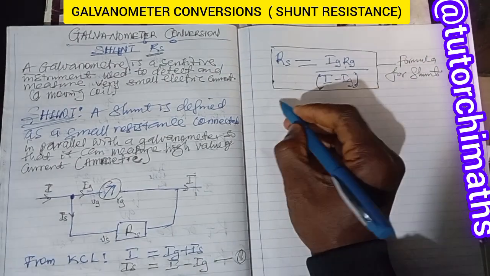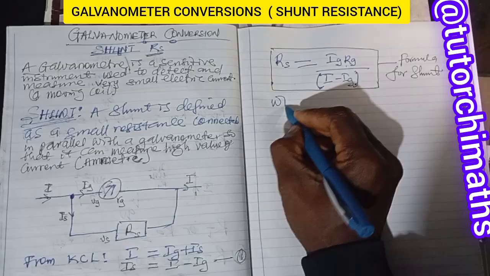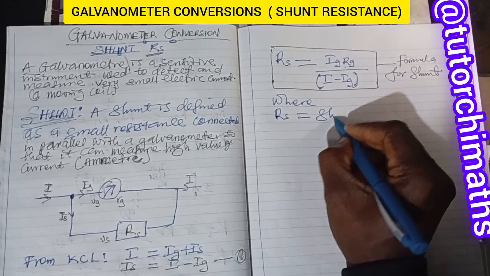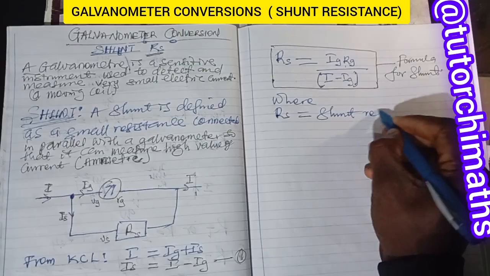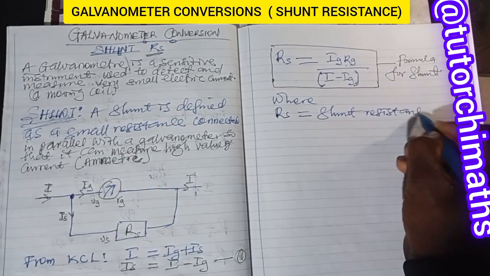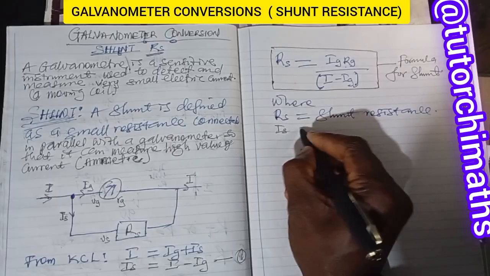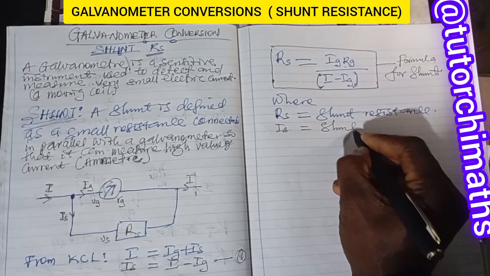Alright, now where RS is the shunt resistance. Then IS is shunt current.